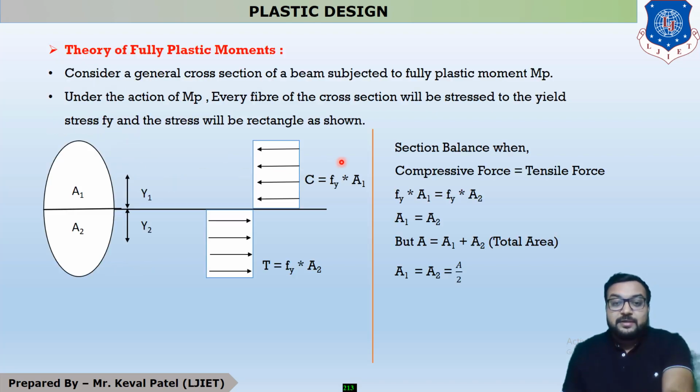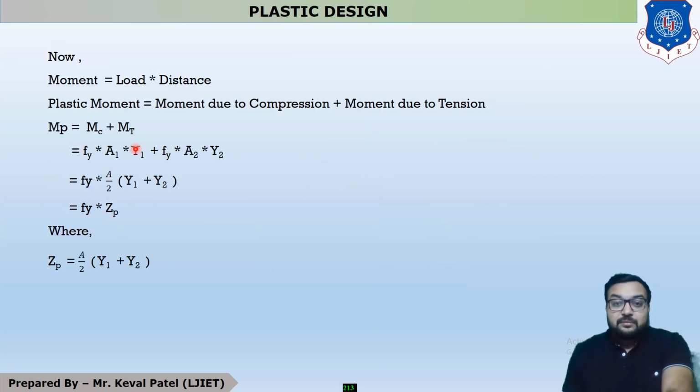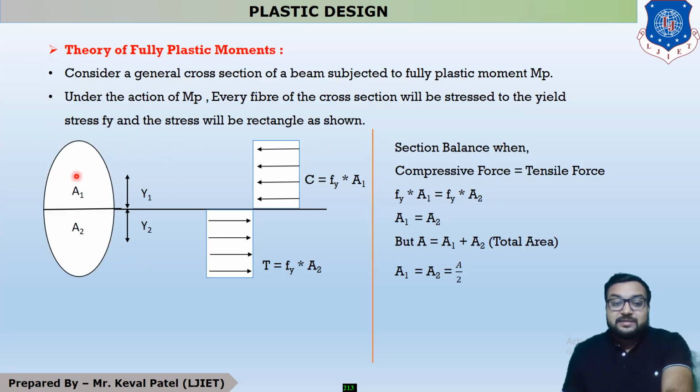Now Fy into A1, this is the value of force. Okay. It is already discussed over here. Now Y1. Y1 is this distance from the center. Okay. Because the center of A1 portion is exactly at that point, at the center of this portion. Okay. So this portion is Y1, and similarly the center of this bottom half portion is at this point.